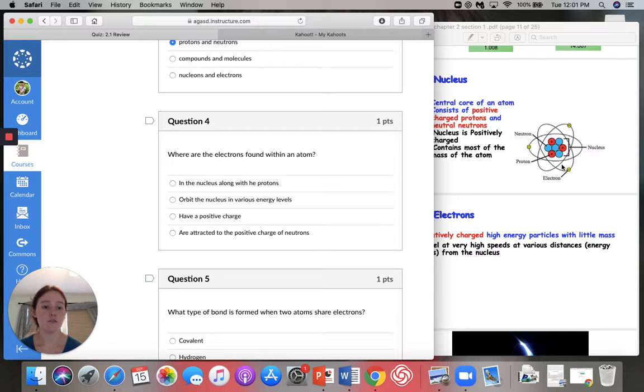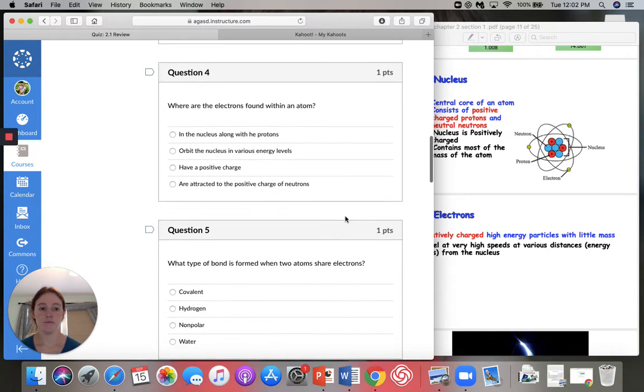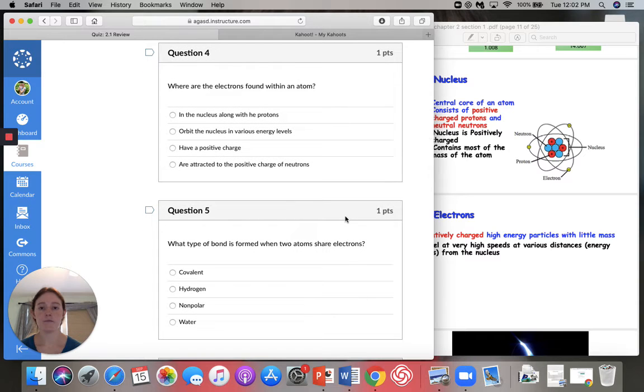You could also use the one in the nucleus as well if that helps you out. They don't have a positive charge. Doesn't say anything about them being attracted to that positive charge. In the nucleus, along with the protons, that's the neutrons. So the only other one that makes sense is they orbit the nucleus in various energy levels, which is what they do.